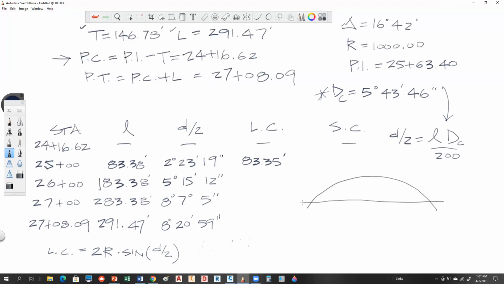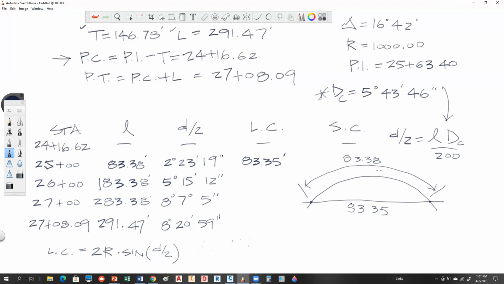And you have a chord. The distance from here to here, which in this case is 83.35, is different than the distance here, which is 83.38. Can you see that now?